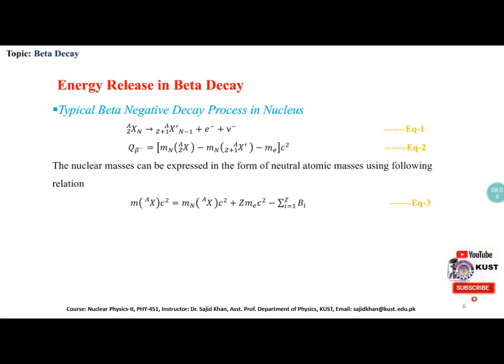Using this relation, we convert; this is a relation between atomic and nuclear masses. This is the nuclear mass plus the masses of electrons minus the binding energy. The reason we are subtracting this binding energy term is that due to this binding energy the overall mass of the atom decreases.